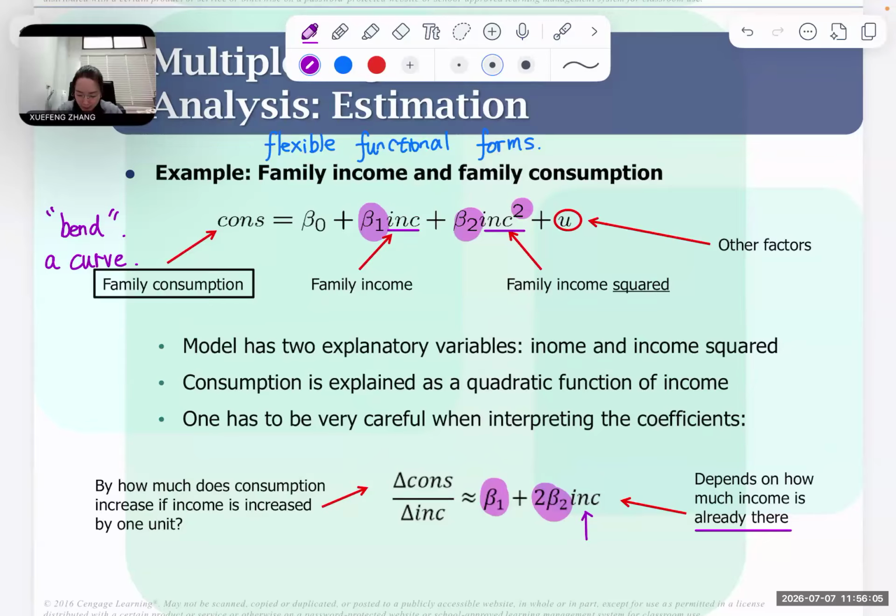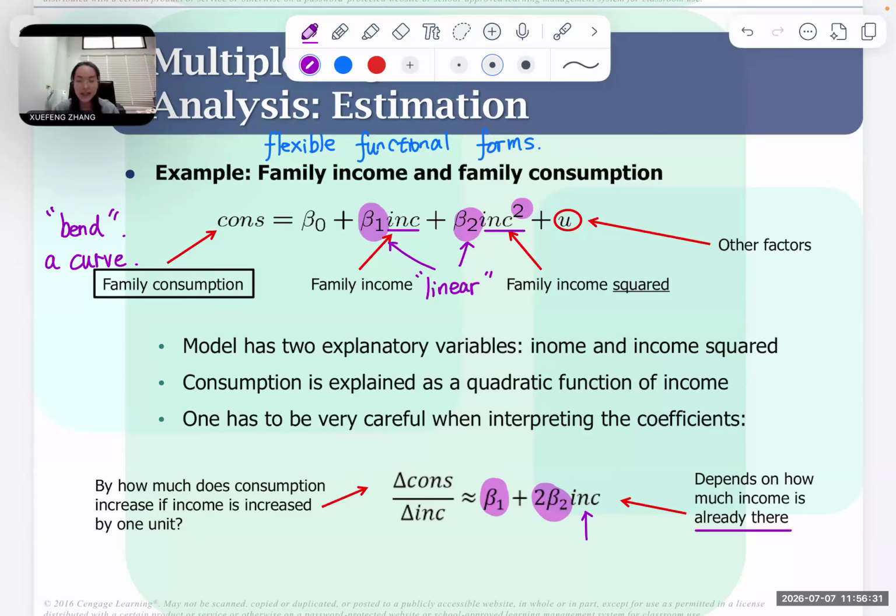But this model is still a multiple linear regression because it's linear in parameters. Okay, be careful. Beta 1 and beta 2 are linear.